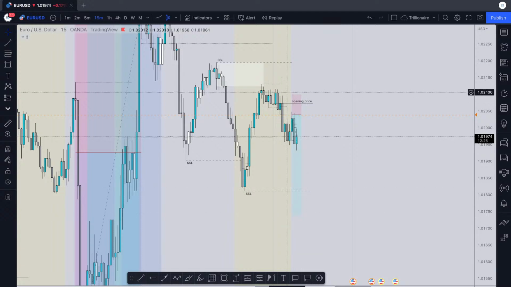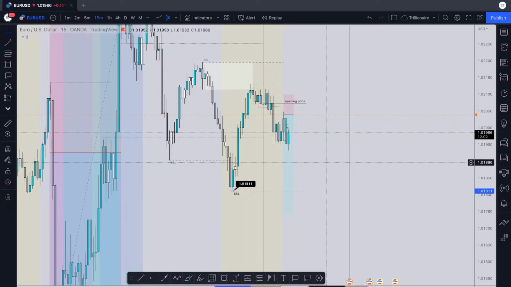Maybe we'll target buy side liquidity after that. Who actually knows? However, right now I am looking for sell side liquidity to be tapped. So I'm looking for price to continue to sell as it relates to Euro USD, at least until we tap into 1.01811. So that should be pretty solid.